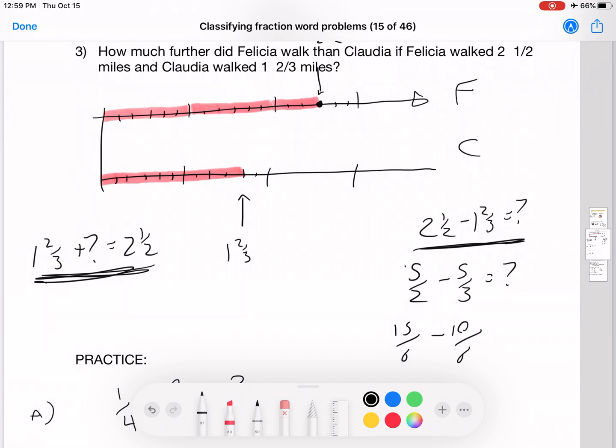And so if I were to say, well, how much further is one than the other? 6, 7, 8, 9, 10. Well, I can see that this is 1, 2, 3, 4, 5 sixths difference. All right, once you make a common denominator, again, you simply subtract numerators, and we are left with 5/6 miles is how much further Felicia walked than Claudia in this example.